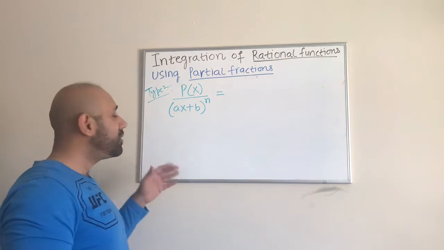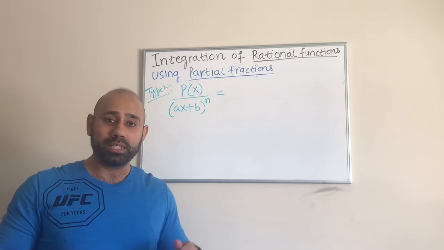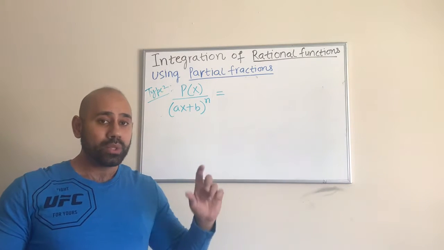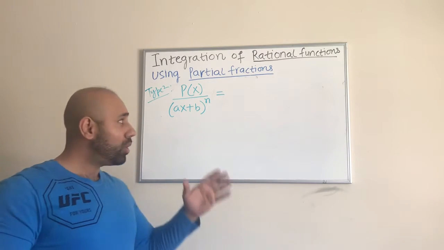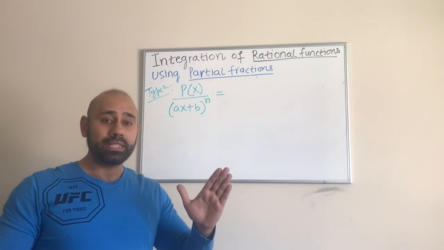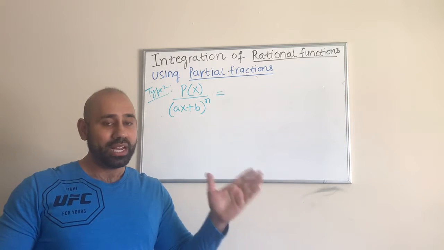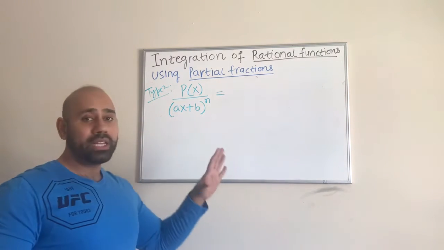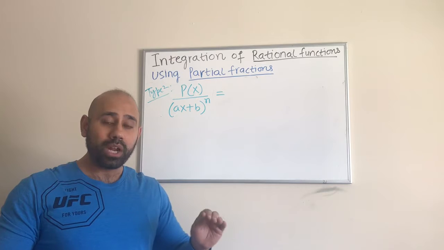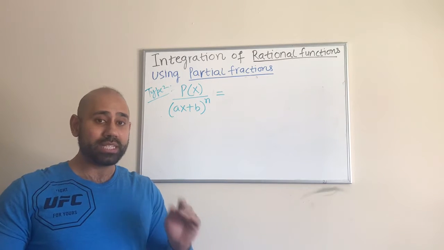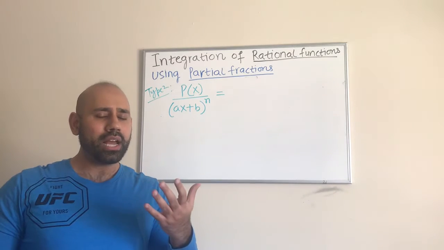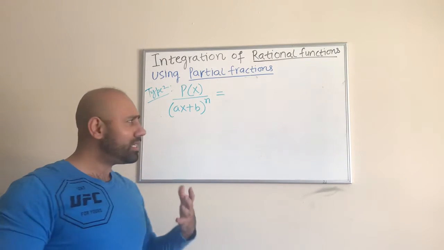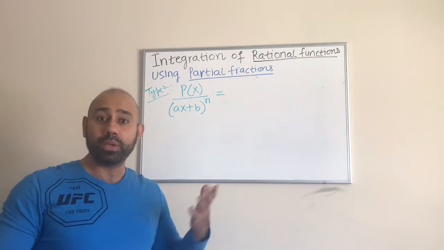So that is why I like to think of this as type 2, because it is different than the previous type. So since the denominator is different than the previous type, type 1, the right hand side, the way we break this down, is also going to be different. Guys, here I'm just going to write the general form, how we are going to break this down into different pieces. But I would like you guys to think about it and ask yourselves why it works and why we can break it the way we are going to break it.